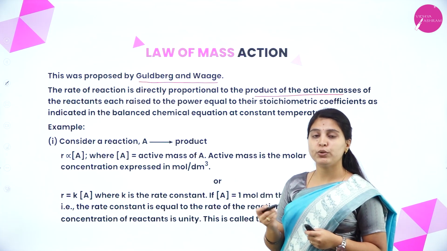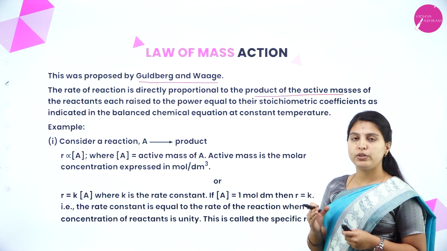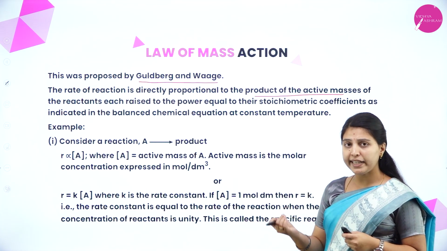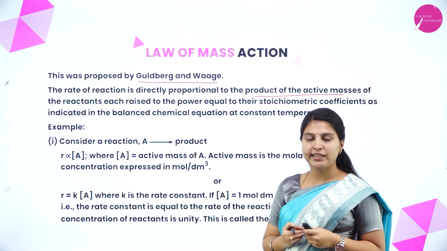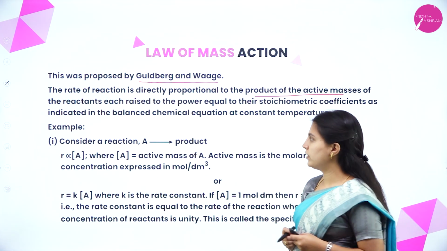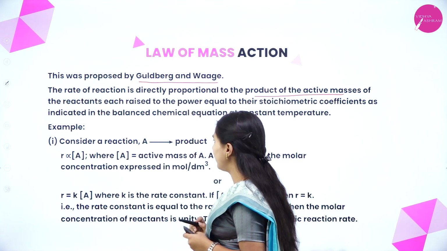How much mass you have used actively in the reaction, that much will be directly proportional to the rate of reaction. If you increase the active mass on the reactant side, obviously the rate of reaction will also change, stoichiometrically and in terms of rate of reaction. We'll see one example. Consider a reaction where A is going to give product.